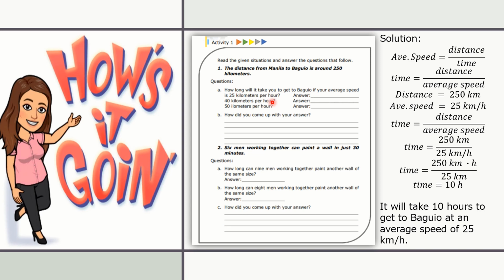It will take 10 hours to get to Baguio at an average speed of 25 kilometers per hour. Can you do the same if the average speed is 40 kilometers per hour, 50 kilometers per hour? Pause the video before self-checking against the correct answer.